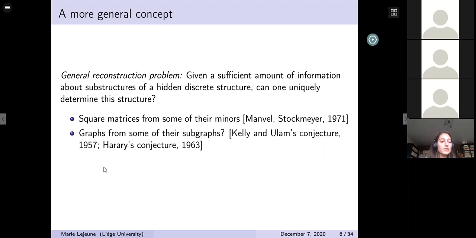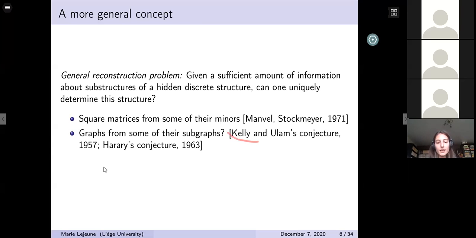We could also ask a question about graphs. If you take a graph with n vertices, you can consider all its subgraphs obtained by deleting exactly one vertex. So you obtain a multiset of subgraphs. And if two graphs have the same multiset of subgraphs, they are called hypomorphic.